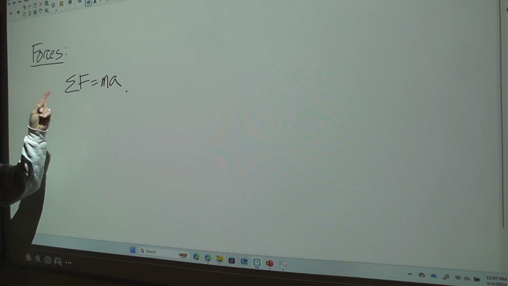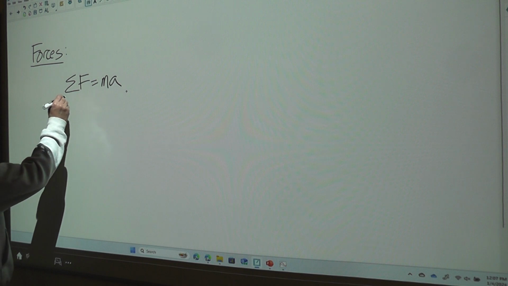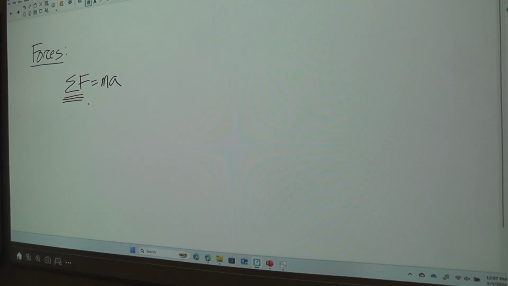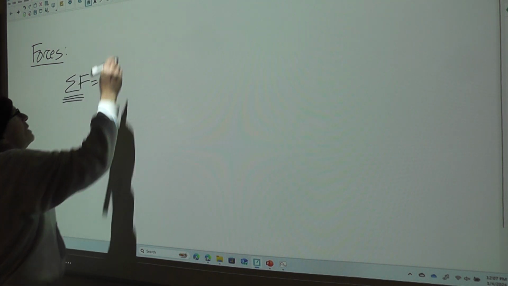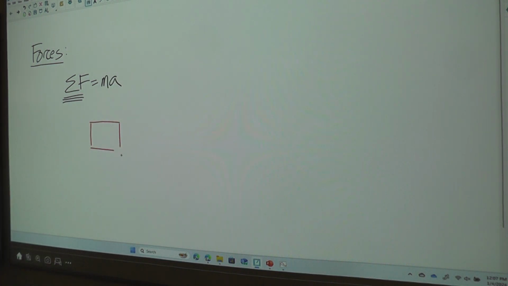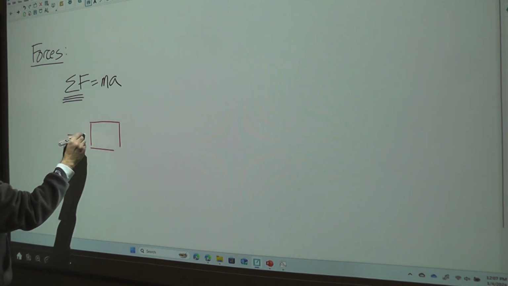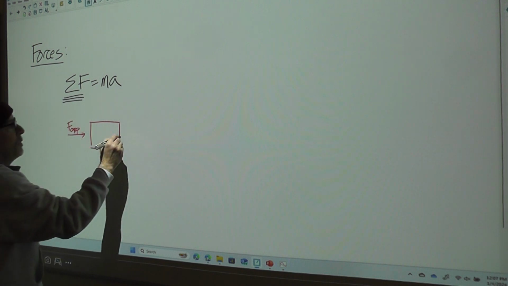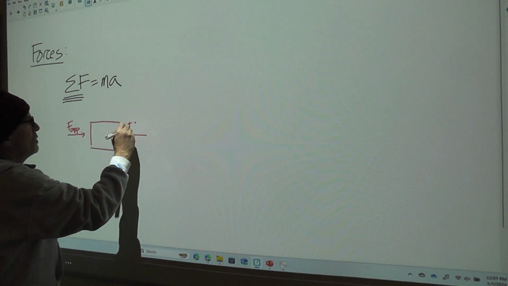Where things get crazy really quickly is this side of the equation. This side of the equation is forces that are mathematically added together. What we've done so far is look at situations like the simulation with the box, where you had one pushing force and another force in the opposite direction.